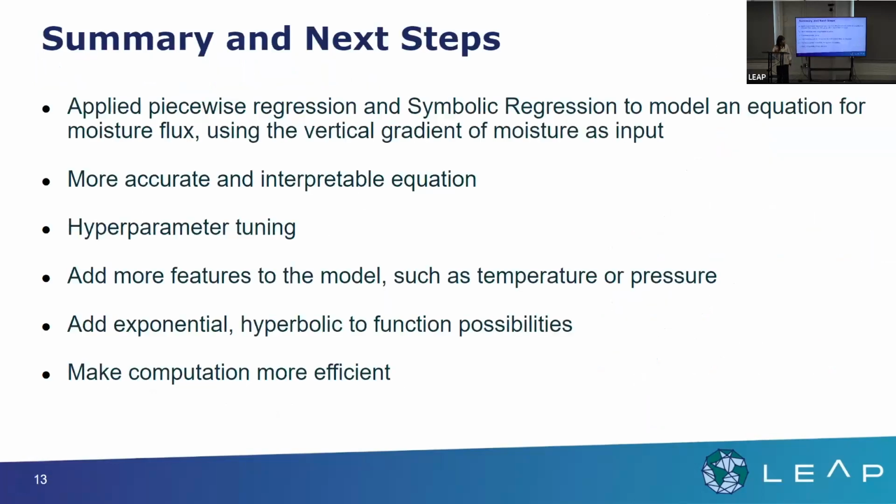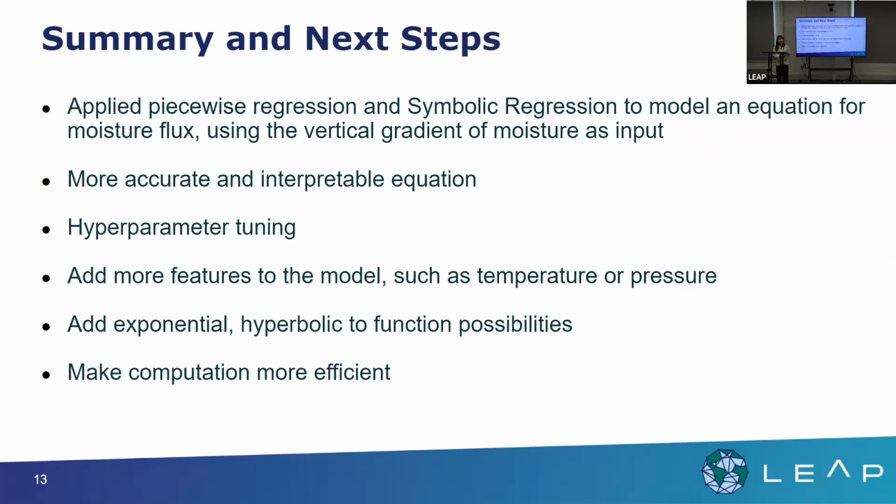So yeah, summary: I applied piecewise regression and symbolic regression to model moisture flux. And what I learned is that there needs to be a more accurate and interpretable equation for this research to be worthwhile. Not like the stuff you saw on the last screen. If that was how all of them were, it maybe would not be that great. And then I think I could do that by using hyperparameter tuning, so tuning how many generations it runs for.